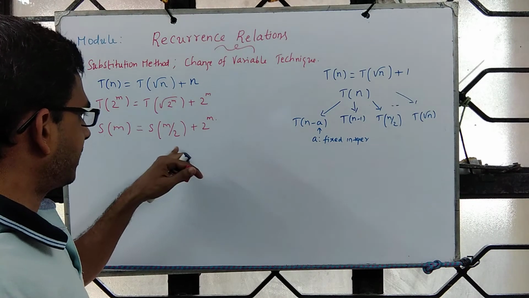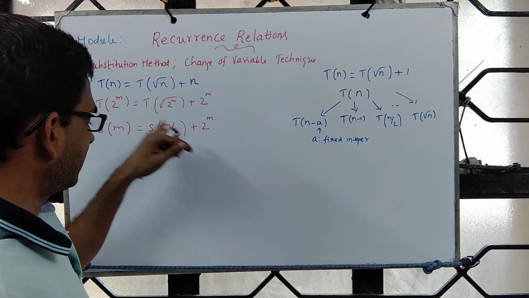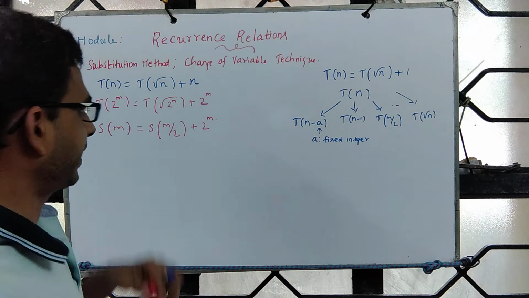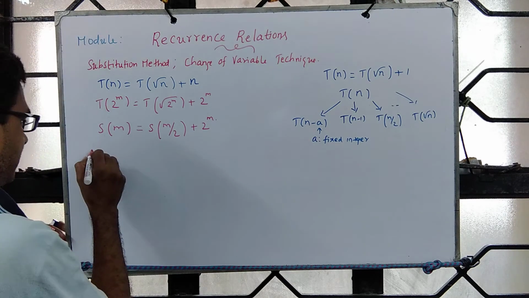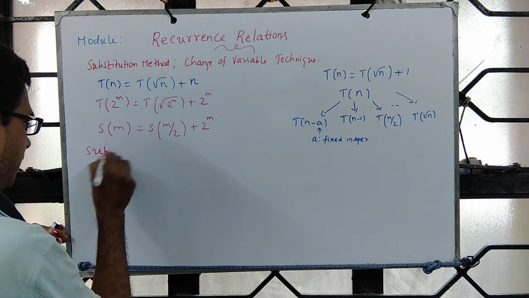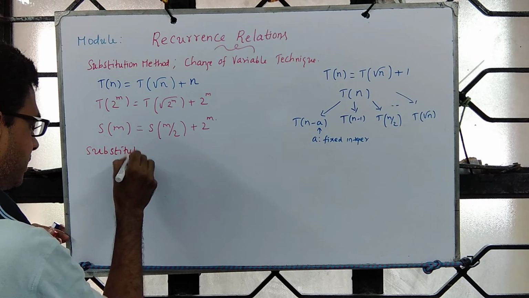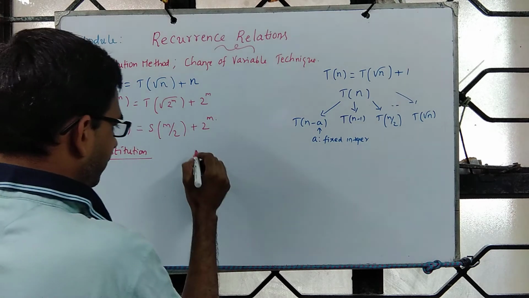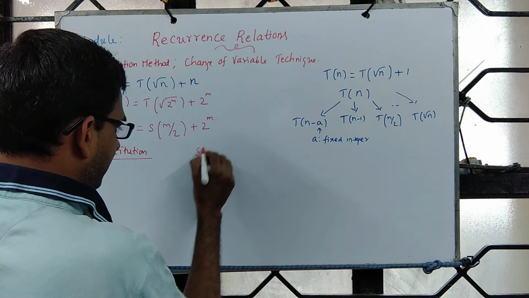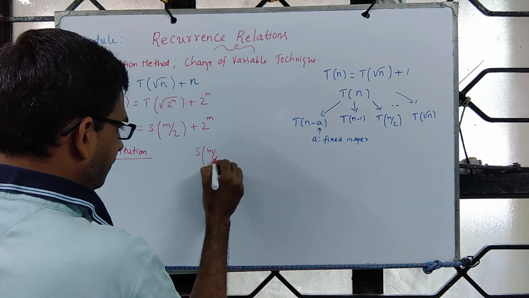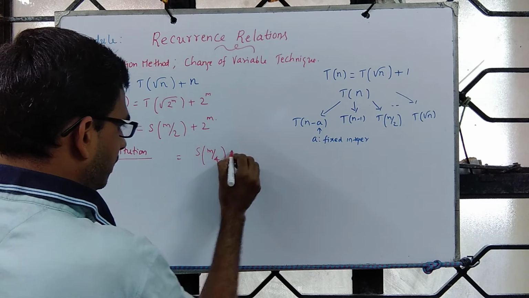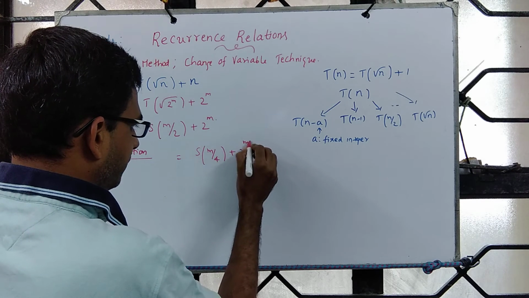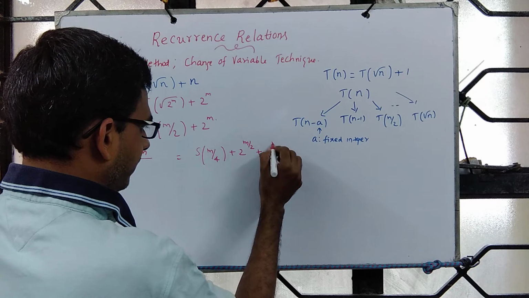Now the interesting part over here is s of m by 2 plus 2 power m. One can use substitution method to solve this. So keep doing this, so we get s of m by 4 plus 2 power m by 2 plus 2 power m.